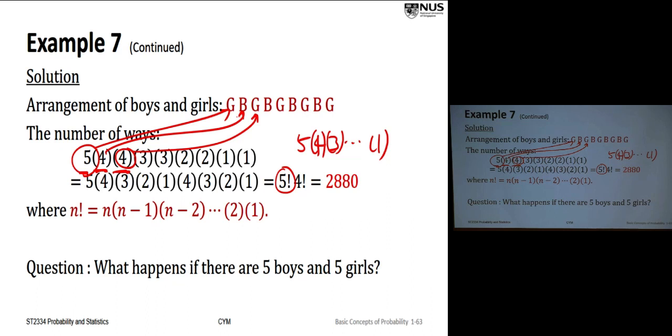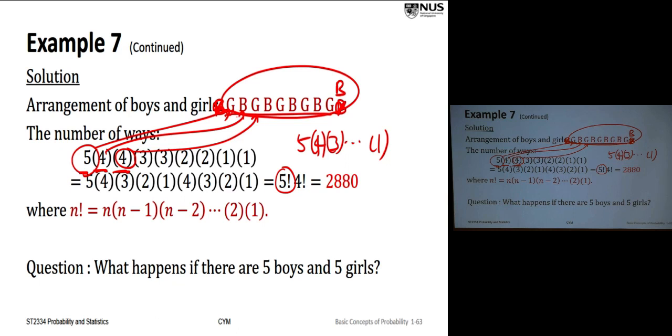So this is already 4 boys and 5 girls. Now I have an extra boy. So I can put it here or put it here, right? Correct? Okay, so in other words, you can put it here. So this is one arrangement to meet the criteria that the boys and girls sit in alternate seats.